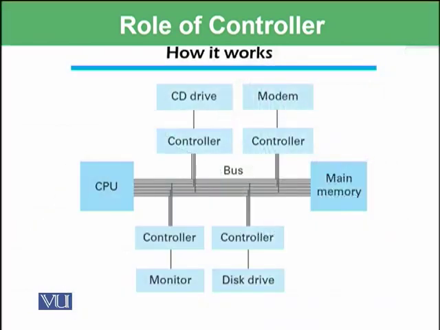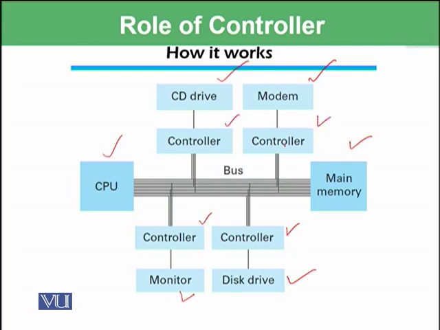So how does it work? We have a CPU here and main memory. This is a bus which is available for the transfer of data. And these are the peripheral devices like modem, CD drive, disk drive, monitor. All of them have their own dedicated controllers.